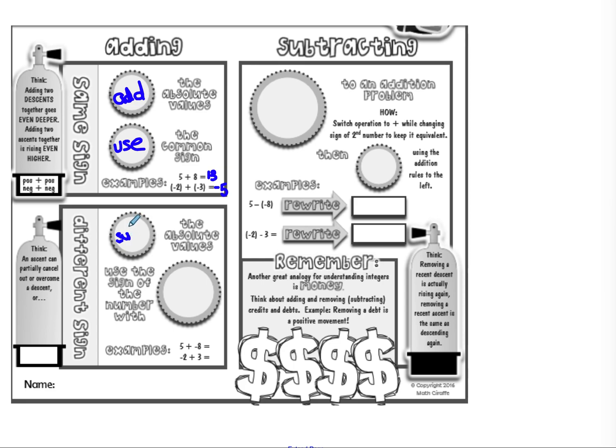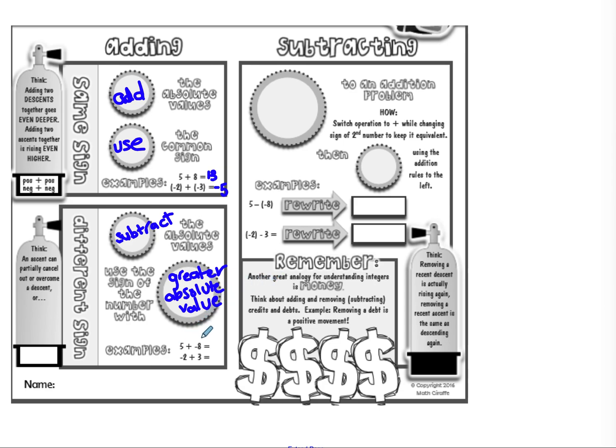Then we subtract the absolute values, and we use the sign of the number with the greater absolute value. That means the one you have more of. If you think about those integer chips, whatever you have more of, that's going to be your sign.